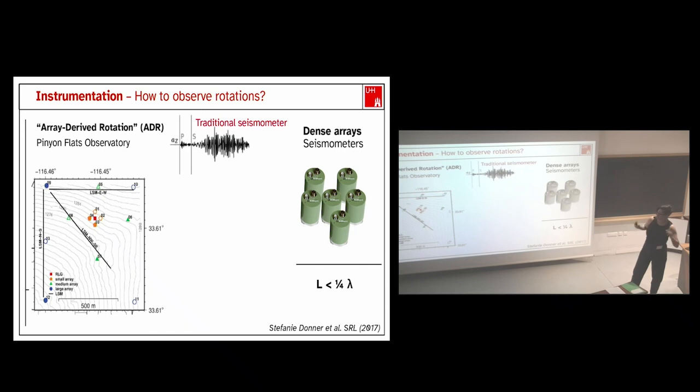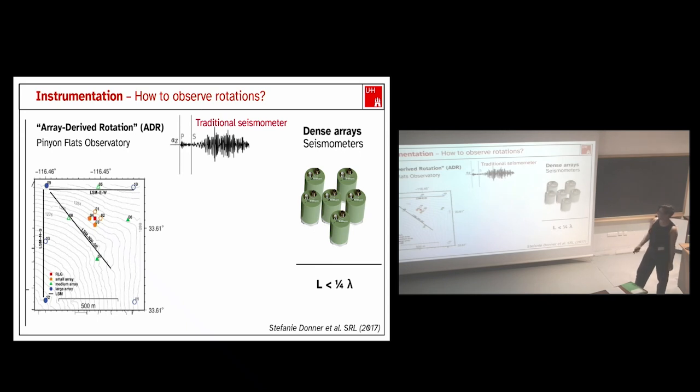There's a large version of the array and then two smaller constellations of groups of seismometers. In the middle, at that time, there was a small ring laser operational. So we have some ground truth about what the rotation rate should be. And Pinon Flat is famous for the strainmeters that are there as well.